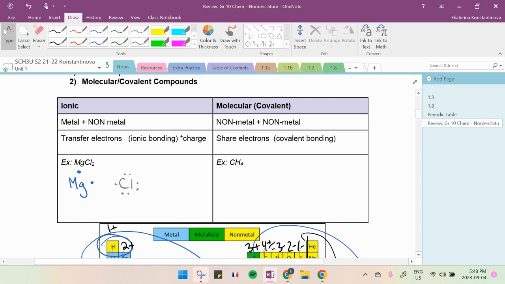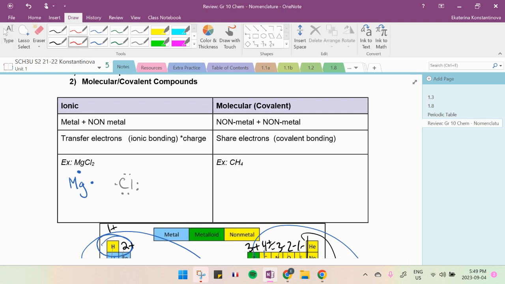So when I have my magnesium and my chlorine, and I have to transfer electrons, you're going to take a look and decide which element is your cation, which will have a positive charge, and which will be your anion. Anions have a negative charge. Okay, so is it easier for magnesium to gain electrons, or is it easier for magnesium to lose electrons?